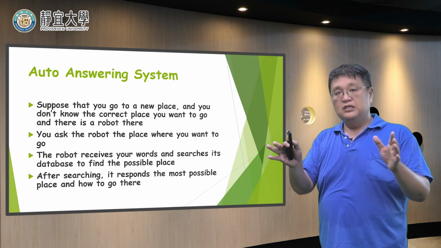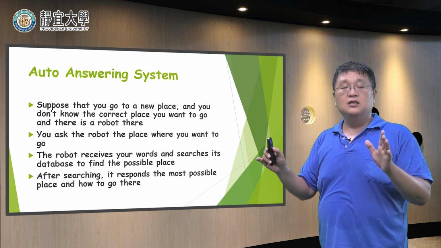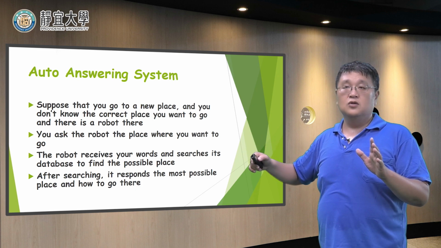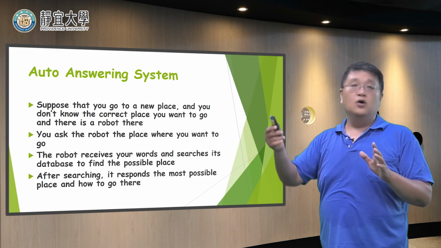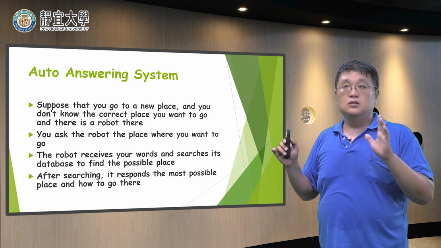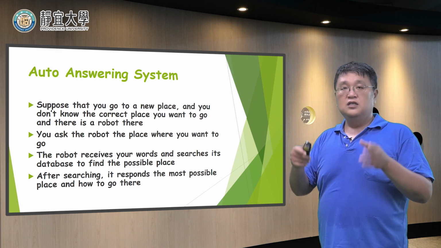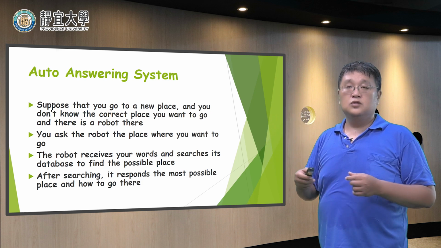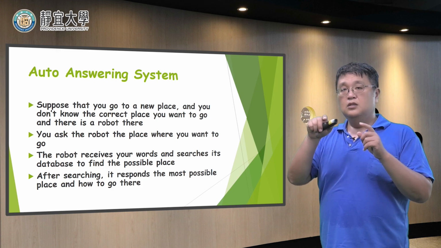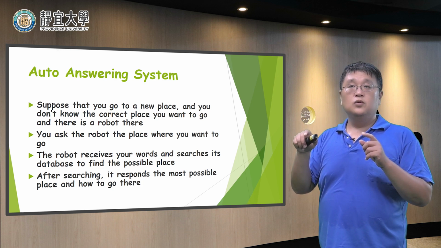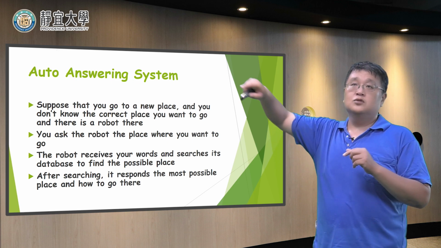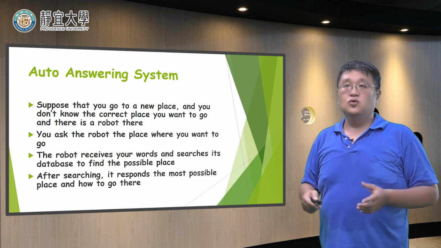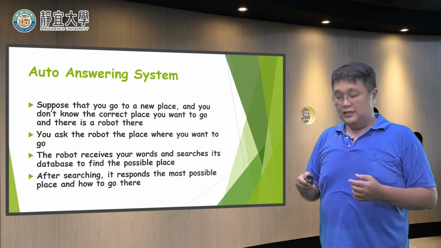Then it checks its database for the keywords, so it can know what we are telling it, from here to the place we want to go. So if we want to know the place, it will guide us to go there. And the way is just to use that ability.